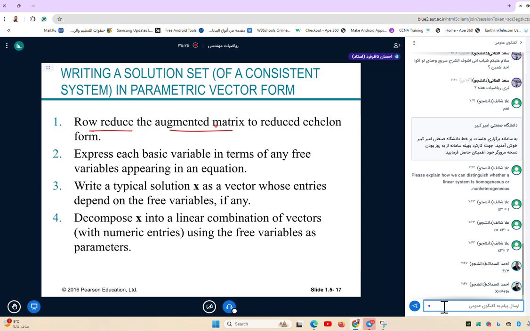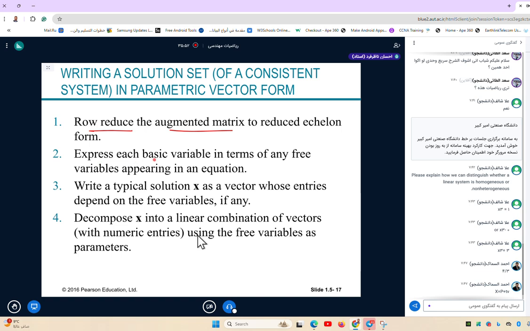In the augmented matrix, you have the coefficient matrix plus the last column corresponding to the right side of the equal sign. For the homogeneous one, it would be all 0, and for non-homogeneous, it could be any number. I mean, we refer to that as vector B.